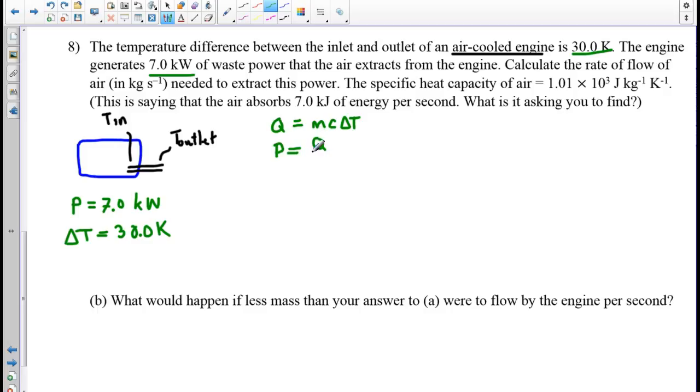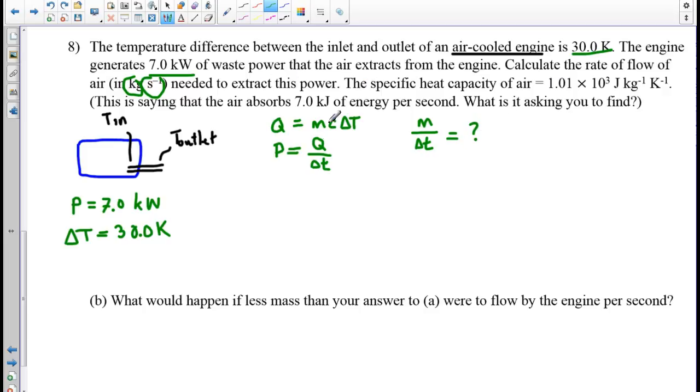The power of the wasted energy, the power of the energy that the air has to absorb, is P equals Q over delta T. Calculate the rate of flow of air in kilograms per second needed to extract this power. Kilograms is mass, per second, that's time, so I'm looking for mass over delta T. That's my unknown.